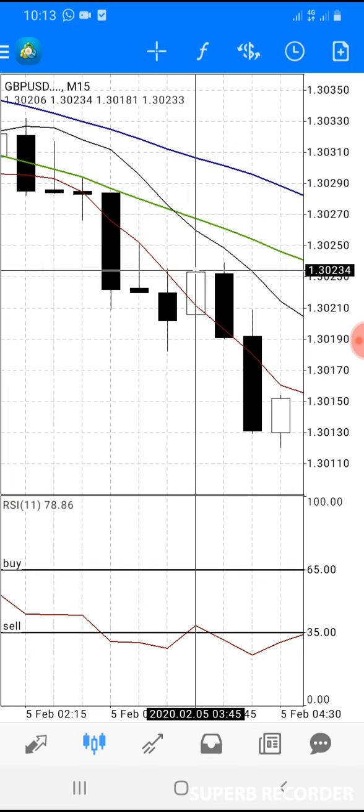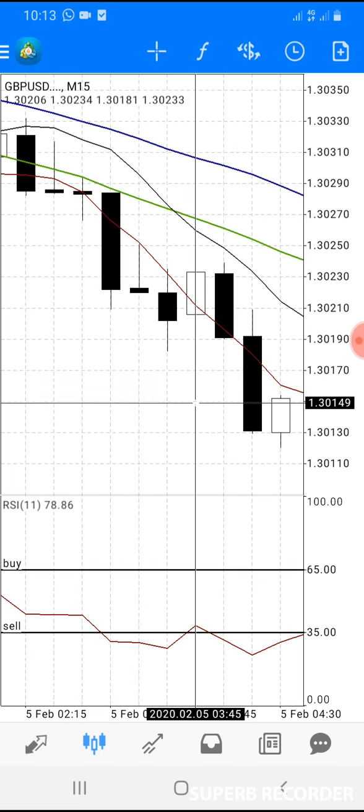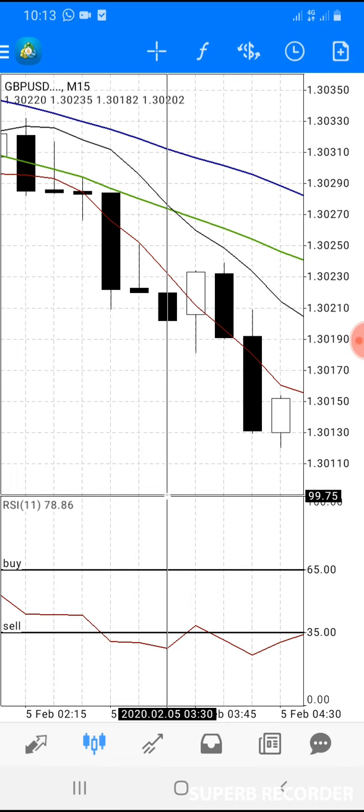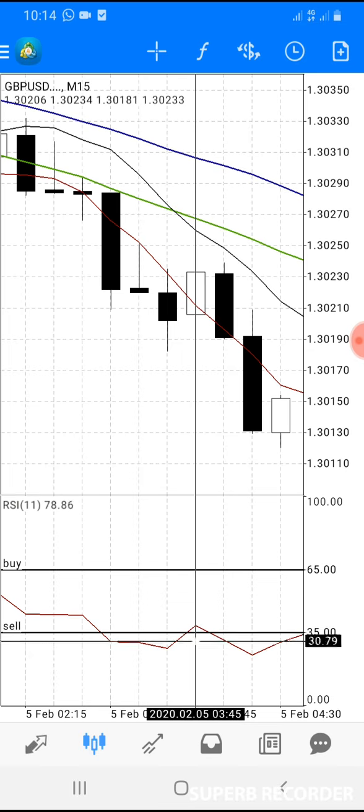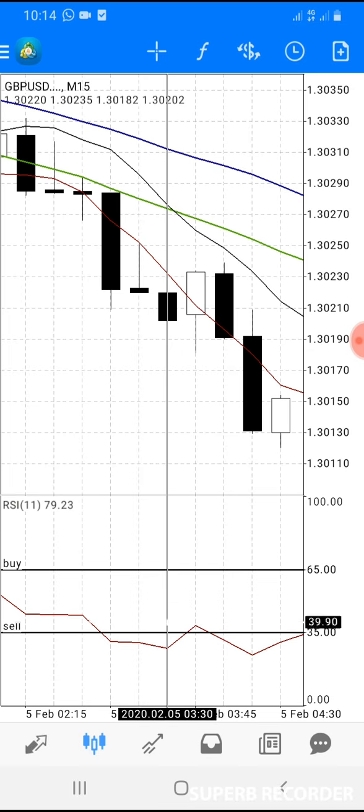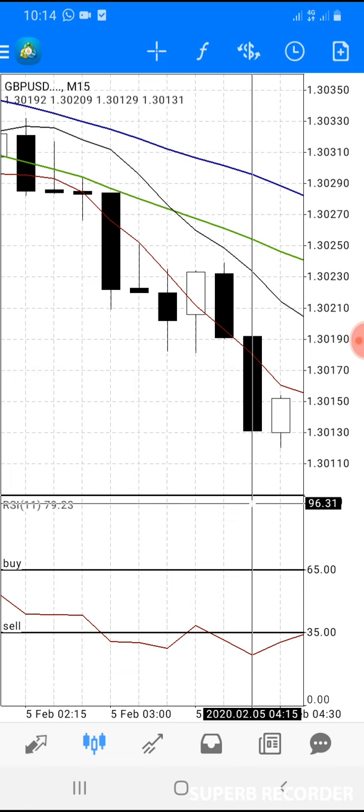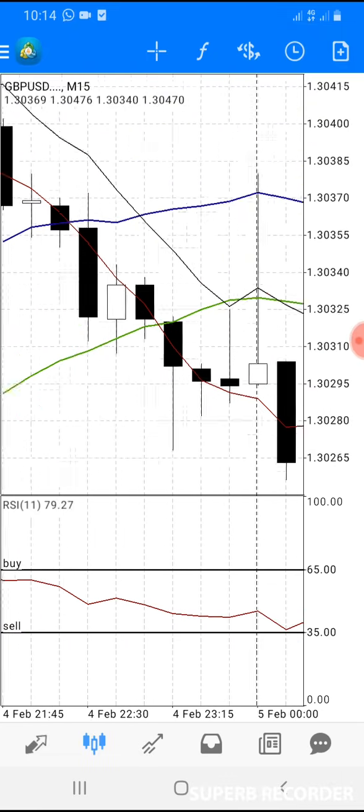At the same time, the RSI, which is the second condition, has to be below 35, which is in this sell zone. Then you enter your sell, and you can see there was a nice sell right there.